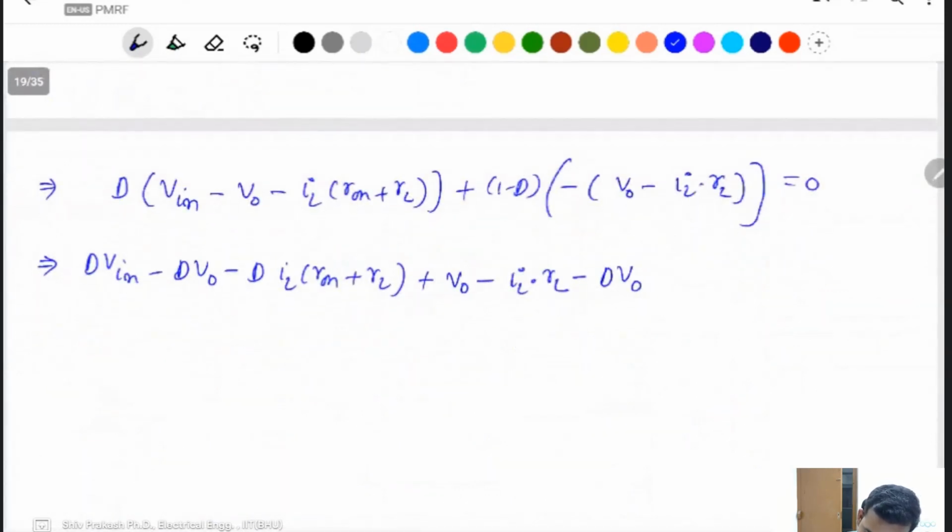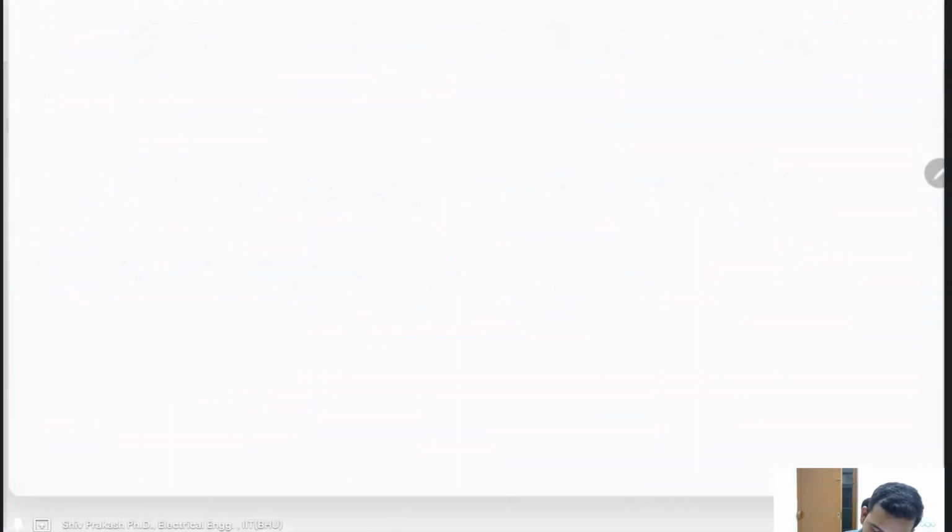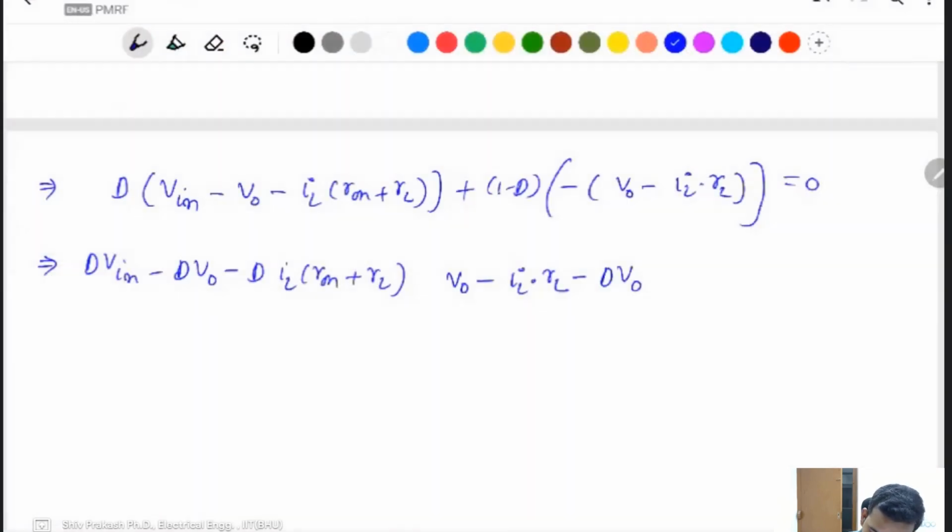So inside also 1 minus D into Vin, this is negative, this is negative. If you take a negative common, then this will be positive. So minus of Vo minus IL RL, this one multiplied by D, then this will be positive, and this will also be positive, D IL into RL is equal to 0.